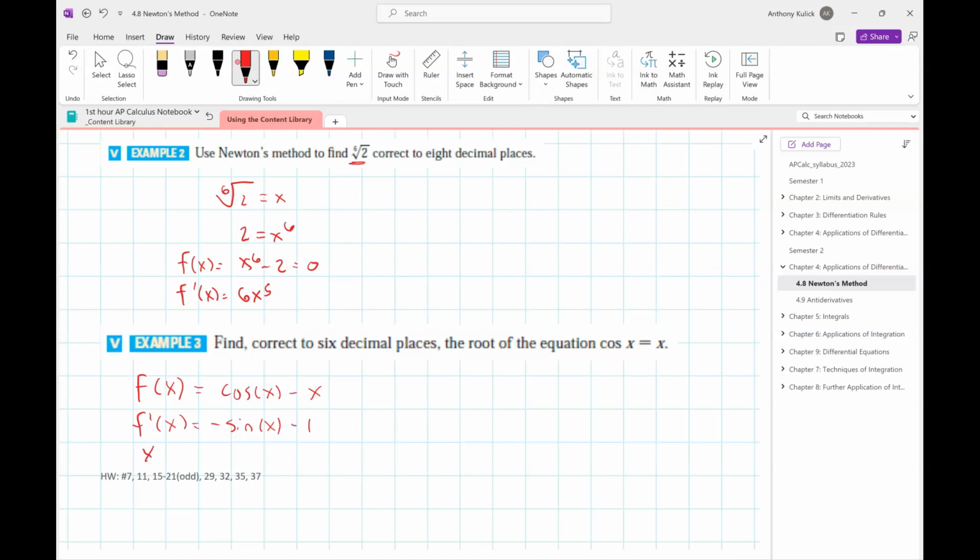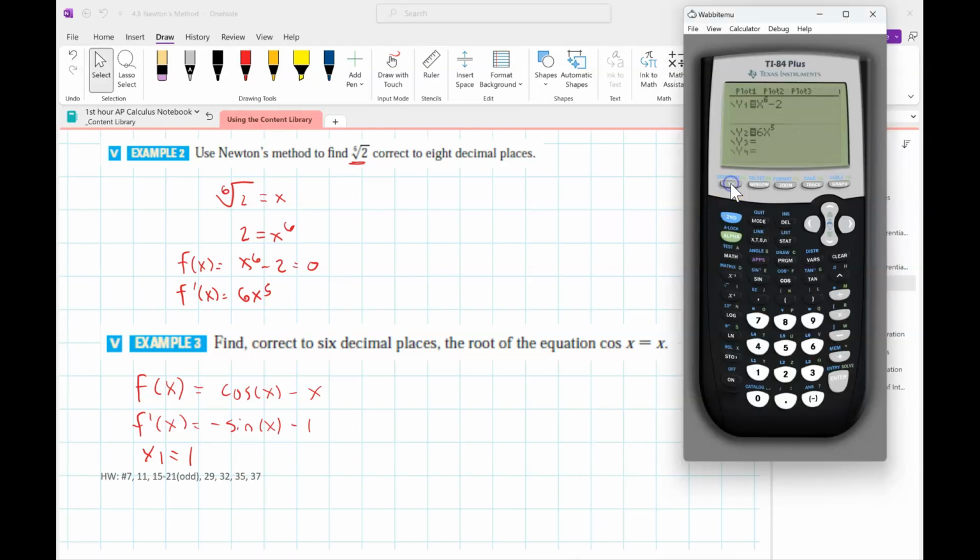And what do you suppose we should pick as our first guess? Well, I would just pick 1. To be honest, a 0 would concern me of getting something that I don't want. 0 seems like a poor guess, but all right, let's go ahead and update our y1 and y2.